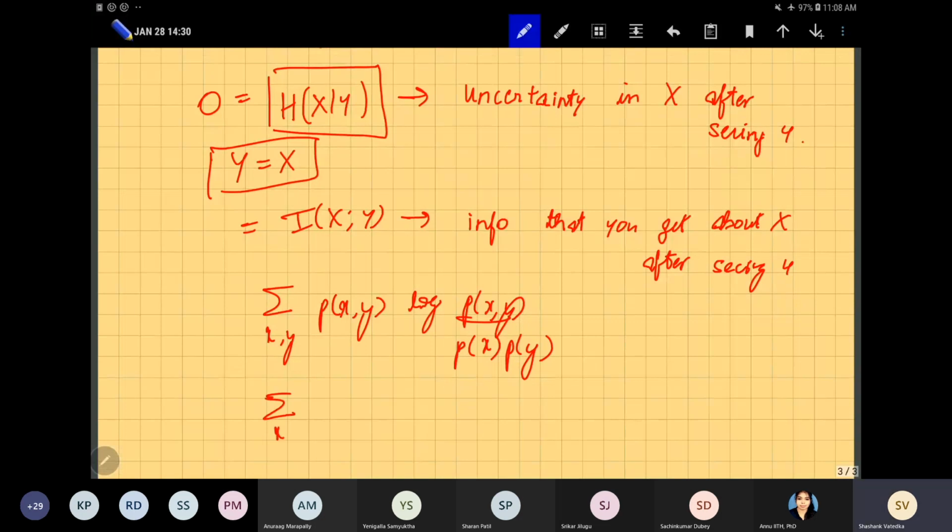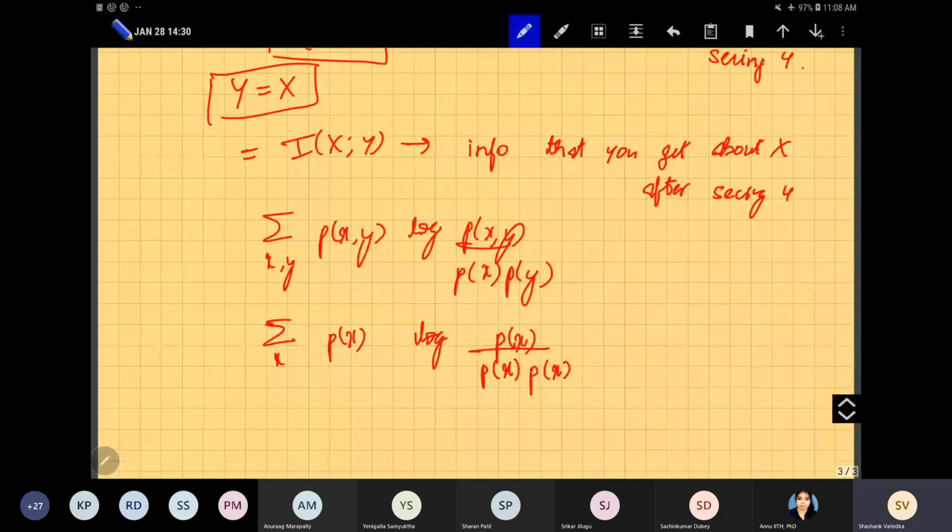So this is actually the sum over all x of P of x log P of x over P of x squared, which is equal to just P of x log 1 over P of x, right? So this is equal to, correct?